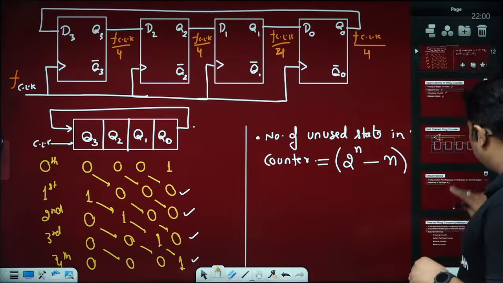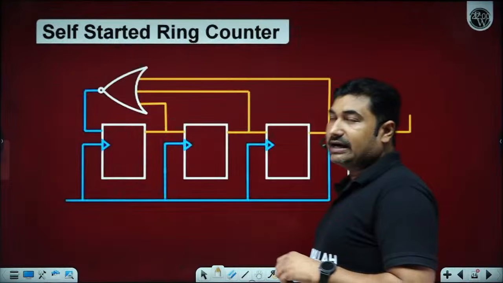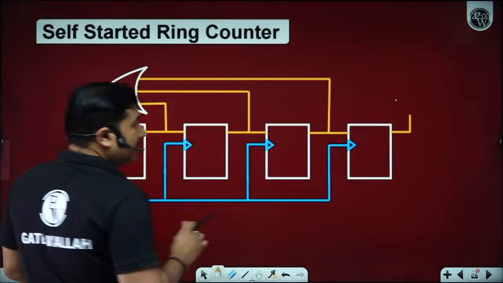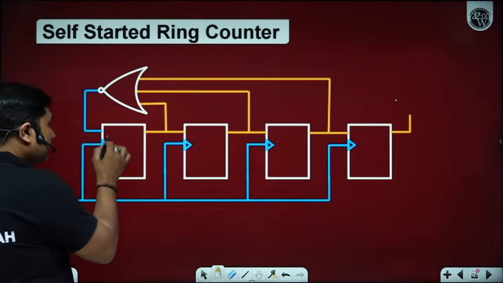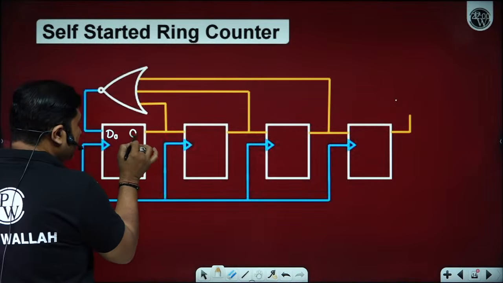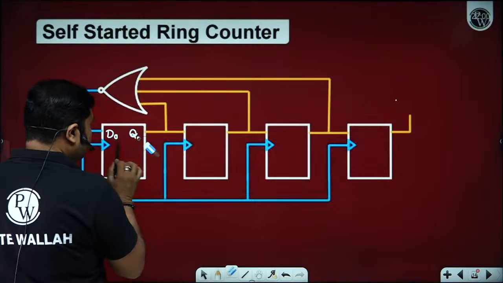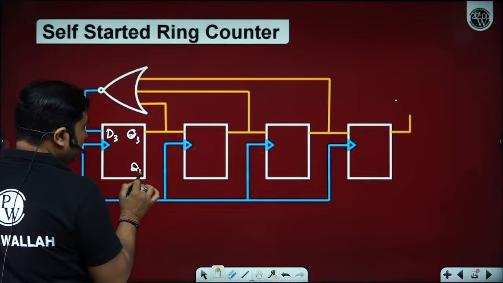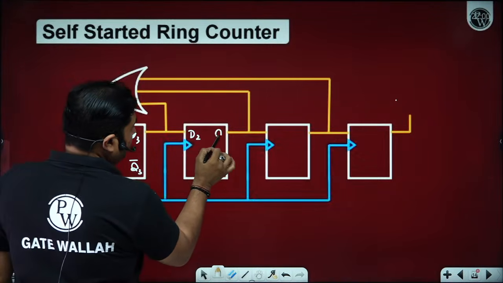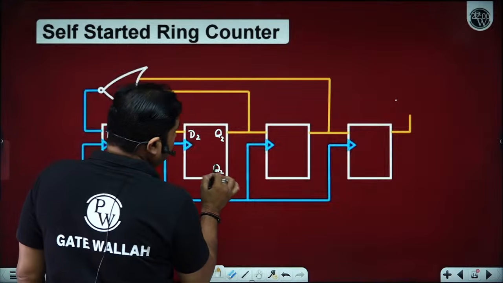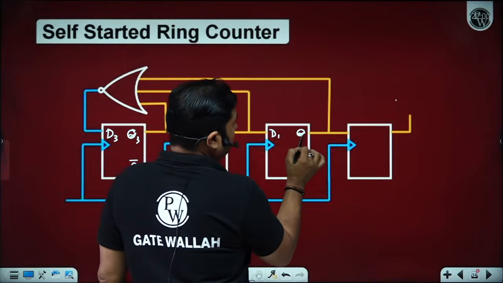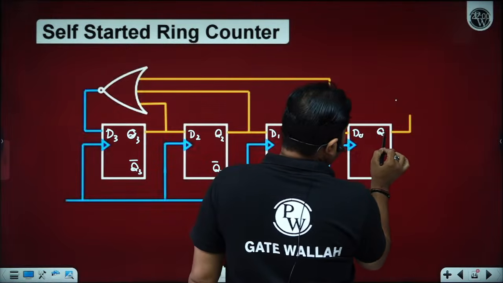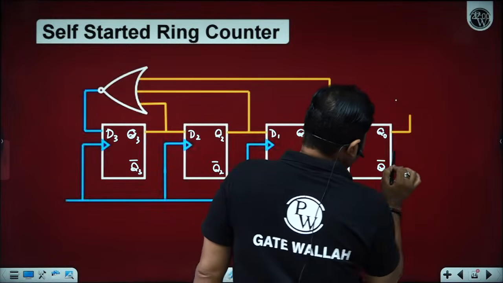So please observe a self-started ring counter. In a self-started ring counter, we have D3, Q3, Q3 complement, D2, Q2, Q2 complement, D1, Q1, Q1 complement, D0, Q0, Q0 complement.